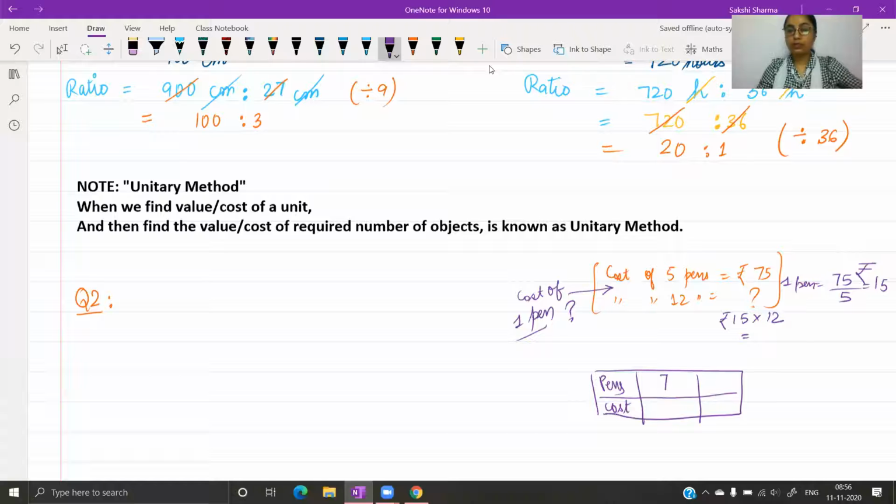So for 5 pens, the cost is 75 rupees. What will be the cost for 12 pens? And then you can make that table, write down the ratio, and obtain your answer.